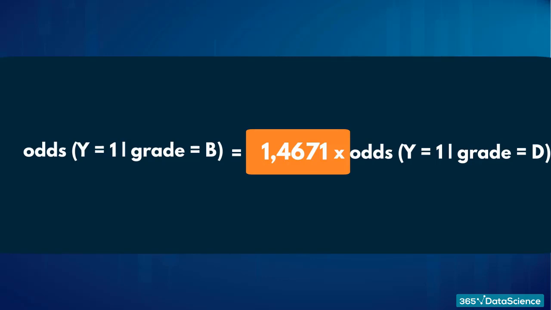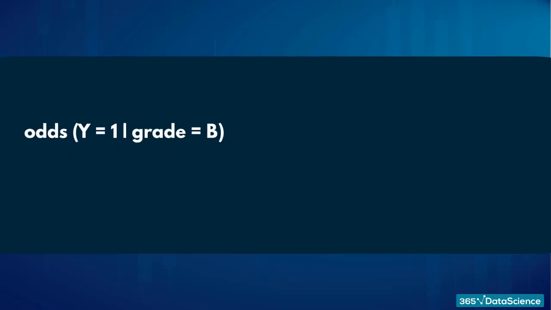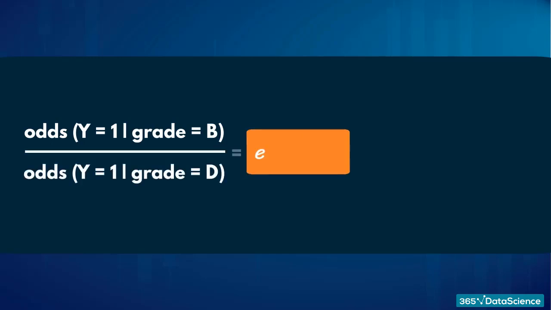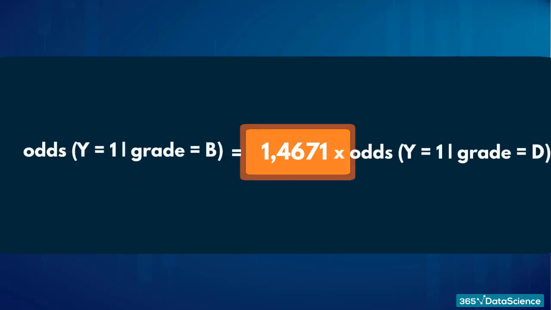We know that the odds of someone with D to be good compared to someone with a rating of G are an exponent of the coefficient of the D dummy variable. Furthermore, the odds of someone with B to be good compared to someone with a rating of G are an exponent of the coefficient of the B dummy variable. So, we can easily deduce that the odds for someone with B to be good compared to someone with D are an exponent of the difference of the coefficients of the two dummy variables. That is, an exponent raised to the power 0.8845 minus 0.5. That yields about 1.4671, exactly what we got before.